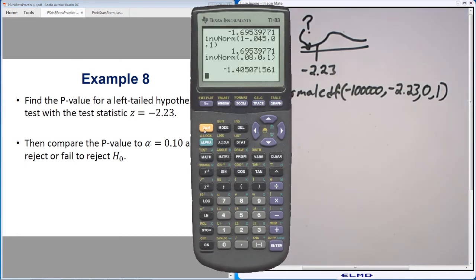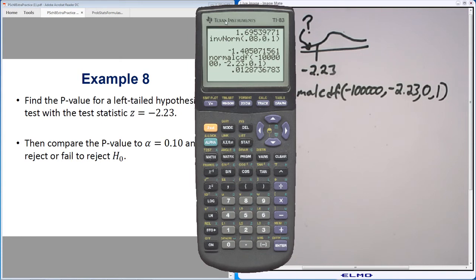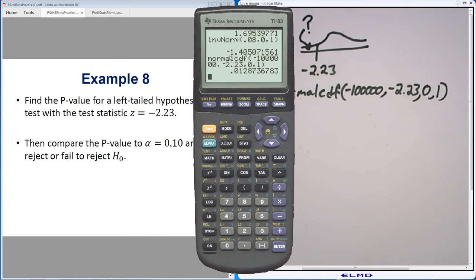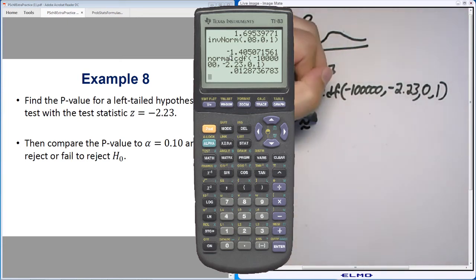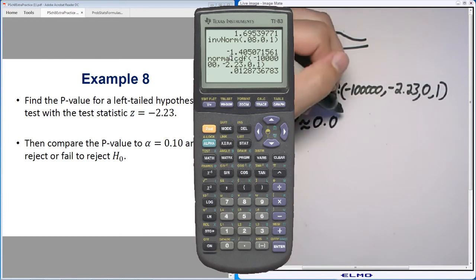That command is in second VARS, number 2. Negative 2.23. Be sure to use the negative, not the minus button, and you get your answer. Let's round this, since it is a p-value, to 4 places. So we get p is approximately 0.0129.